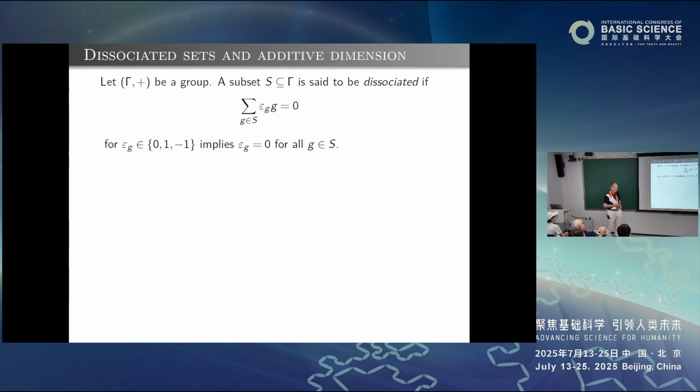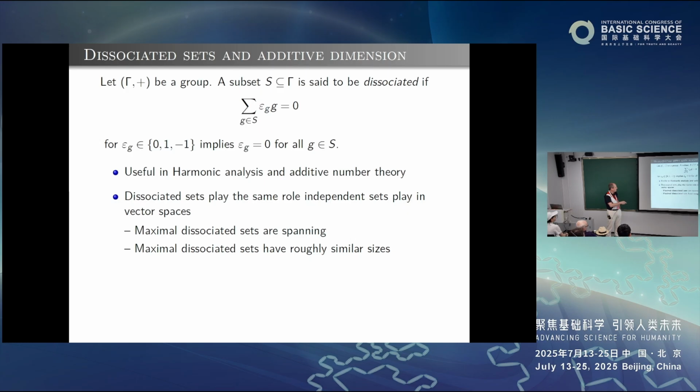I don't assume that my group is abelian, but it's convenient to write it with plus and minus. So this is a dissociated set. It should immediately ring a bell: it looks a little bit like an independent set of vectors in a vector space. And indeed, these things appear naturally in harmonic analysis and additive number theory.